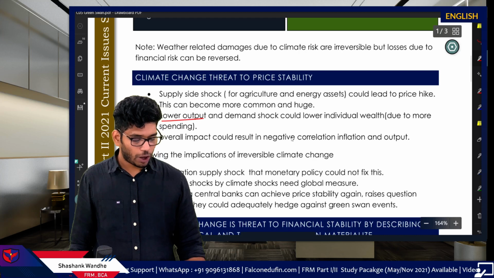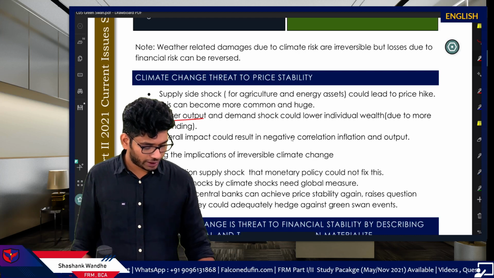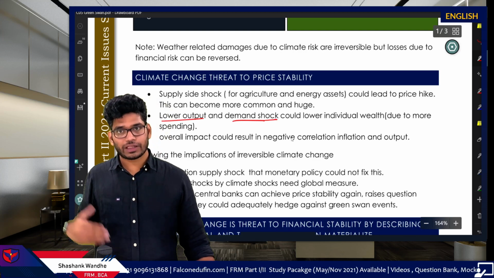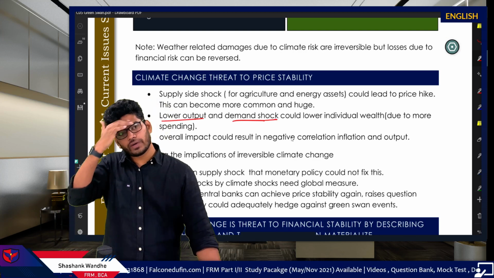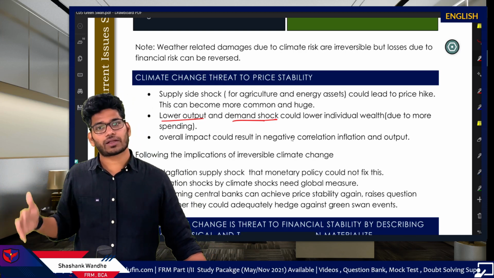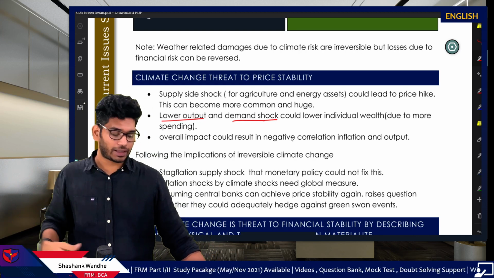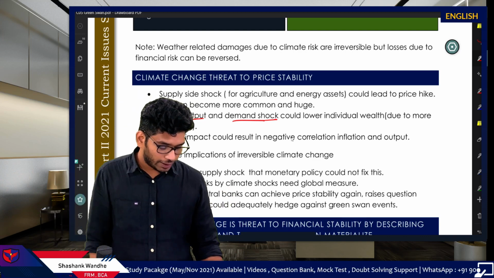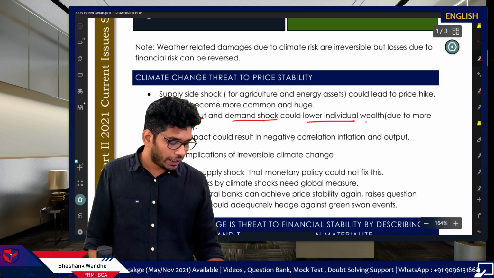Next is lower output and demand shock, meaning sudden demand, because we have seen in the COVID crisis there was sudden demand for groceries, food and all like that. So, lower output and demand shock. This situation could lower individual wealth.